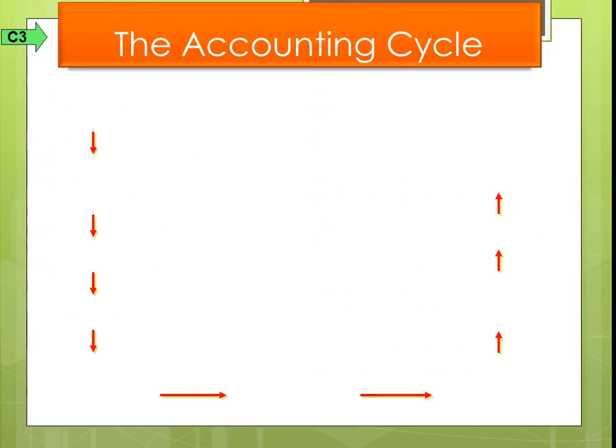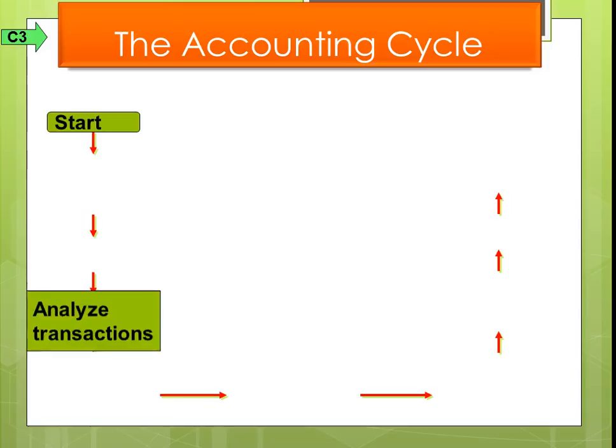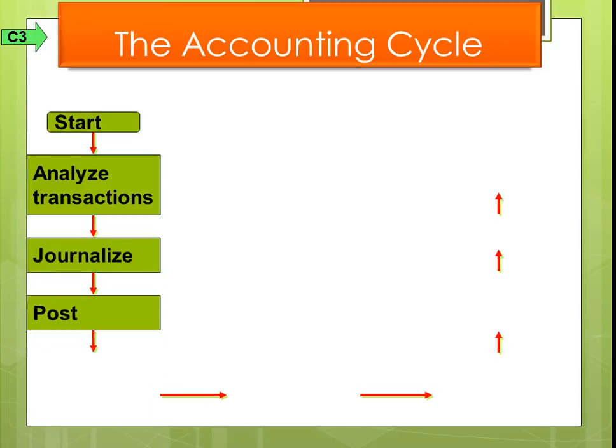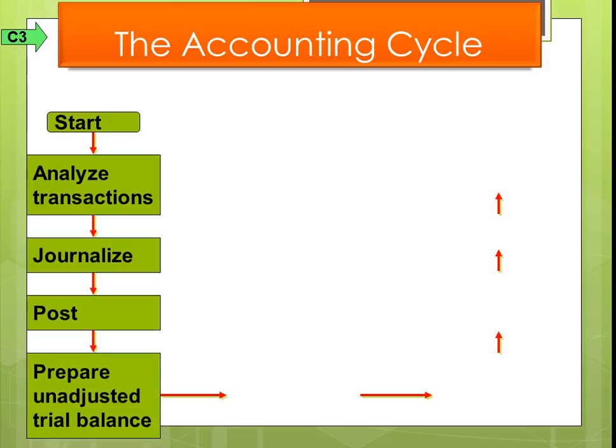Now again, the accounting cycle. We start by analyzing transactions, and if they're financial in nature, we're going to journalize, then we're going to post, then we're going to prepare that unadjusted trial balance to make sure that all of our accounts have a normal balance and that our debits equal our credits.